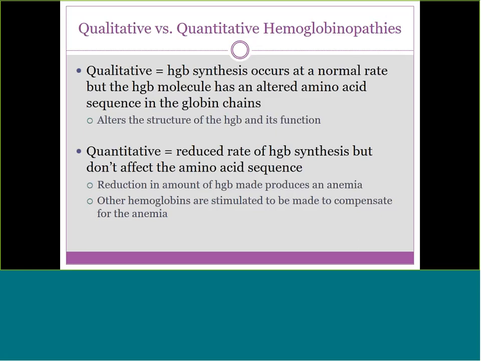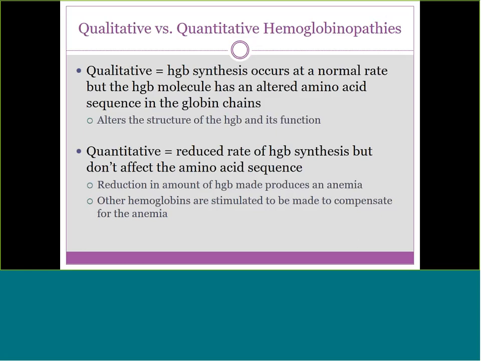So somewhere when they were making those globin chains with the amino acids linked together in a set order, something in the amino acids got changed. So there was an alteration in the amino acid sequence in the globin chains. That is a qualitative hemoglobinopathy. Because one amino acid got put in and another got taken out, it changed the entire hemoglobin molecule. So that would be a qualitative.